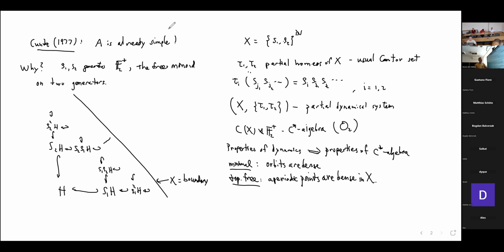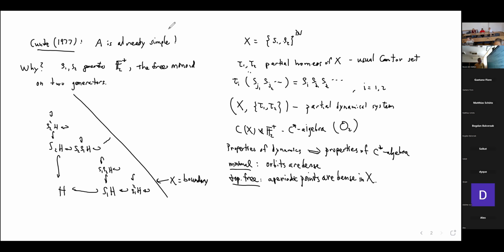A point is periodic if eventually the sequence of symbols repeats a fixed pattern over and over, and an aperiodic point is one that is not like that. It's clear there are only countably many periodic points, so the complement of those will be dense. So that's this topological business.